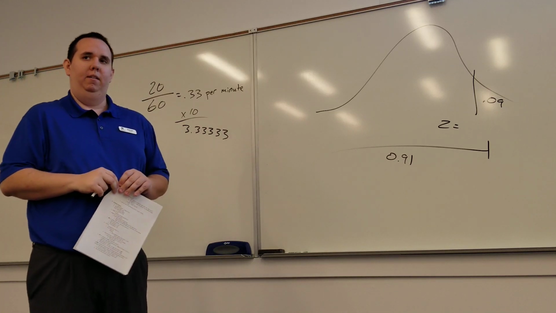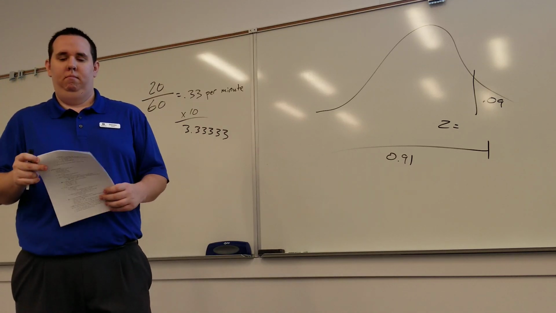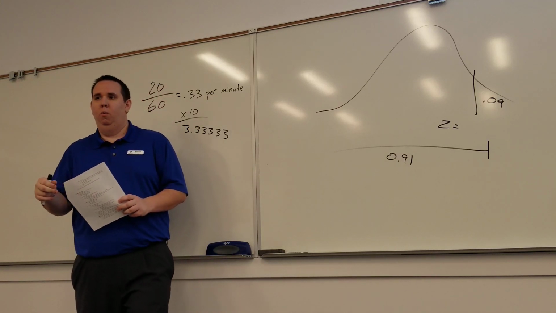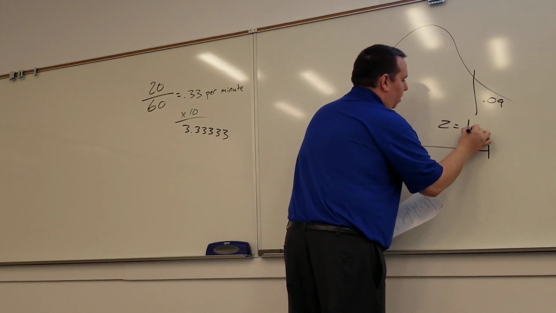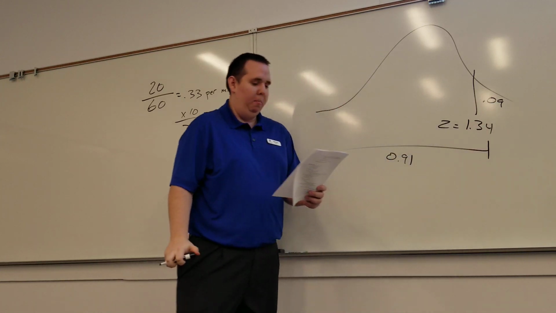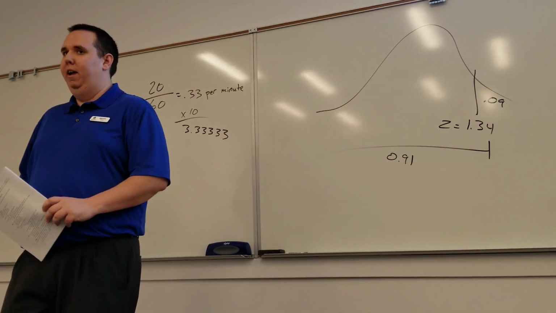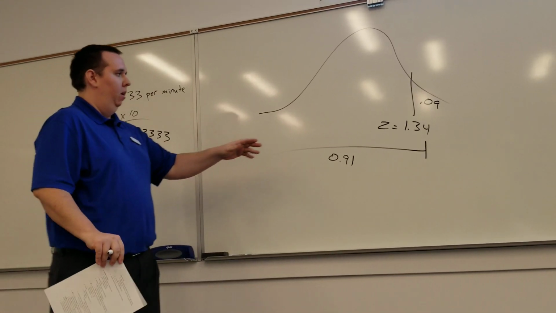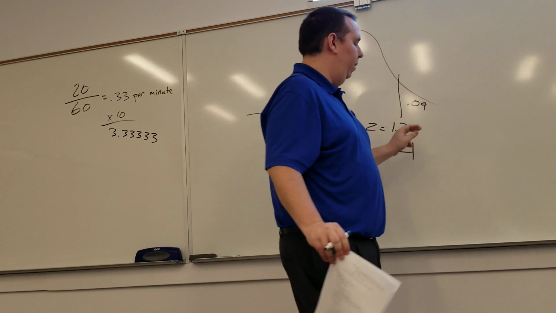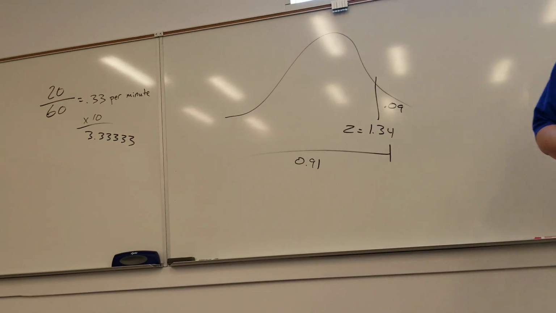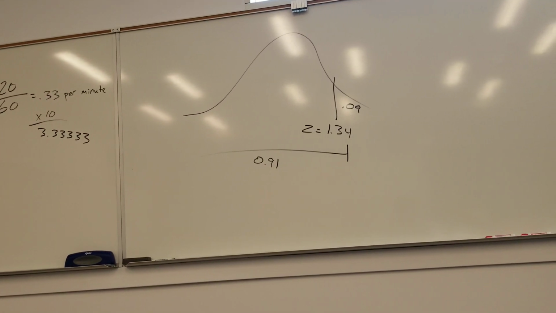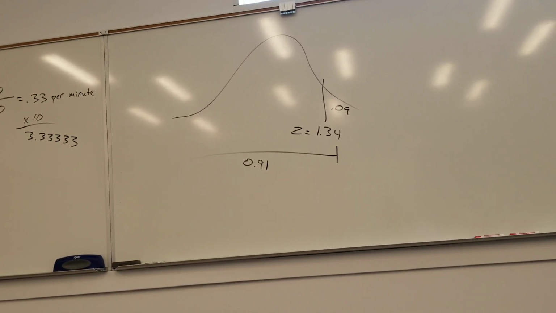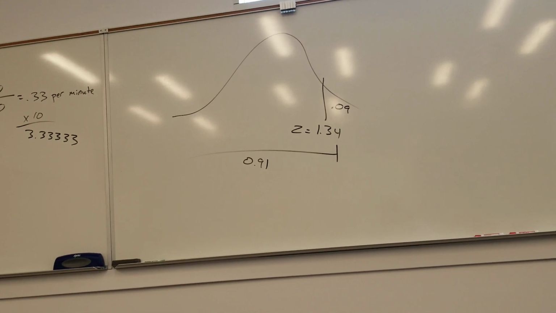What are you guys finding? 1.34, right? That area is 0.9099, right? So that's just the closest one that we're going to find here. So our z-score is 1.34. We want to know what our sales need to be in that top 9% though. So now what do we do?